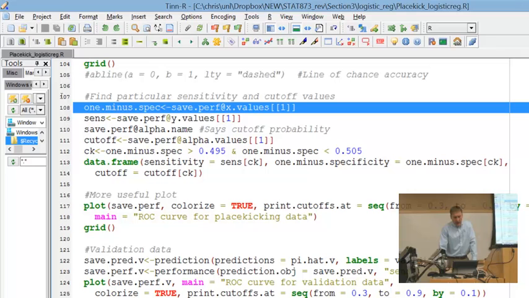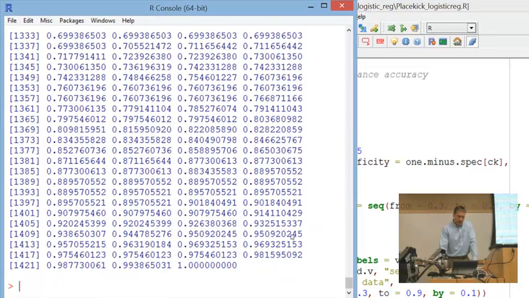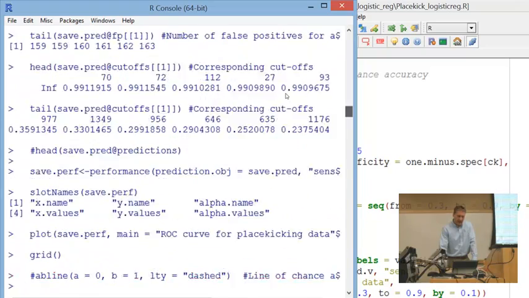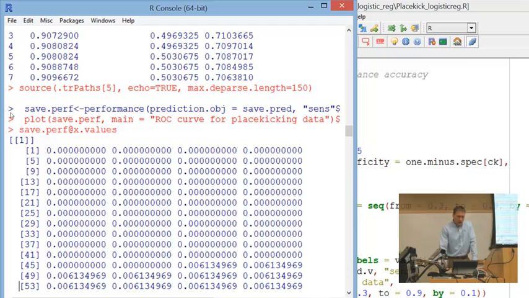First of all, to make it a little bit easier in terms of syntax, I'm going to extract all the values that were plotted on the x-axis of that plot. save.perf@x.values is all my x-axis values on my plot. Notice here that we have double brackets with 1.